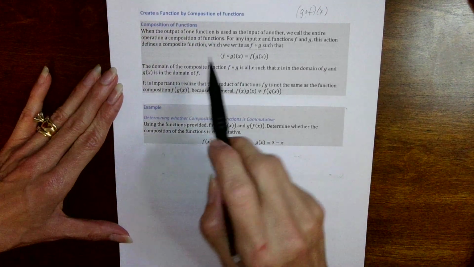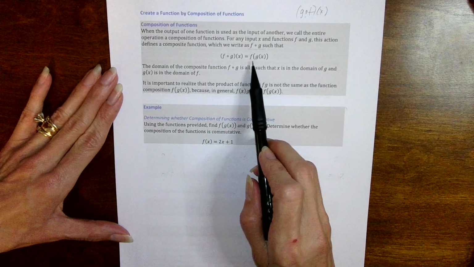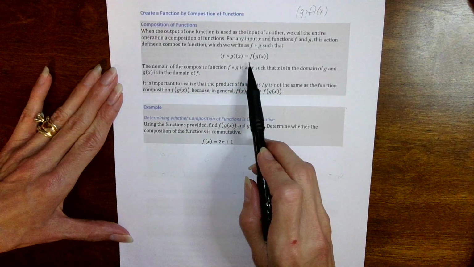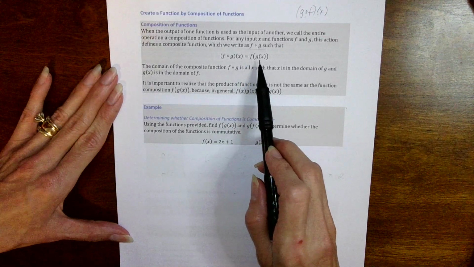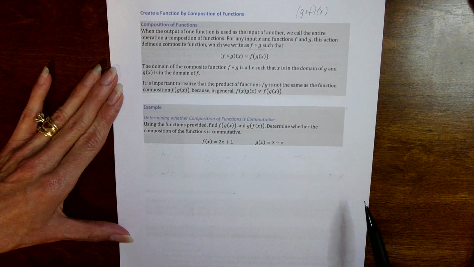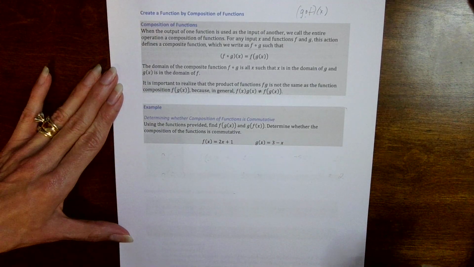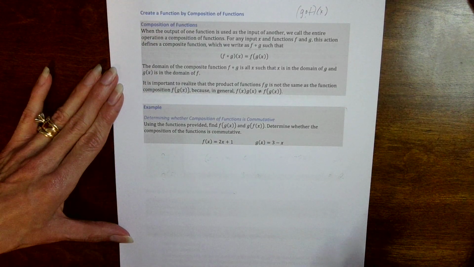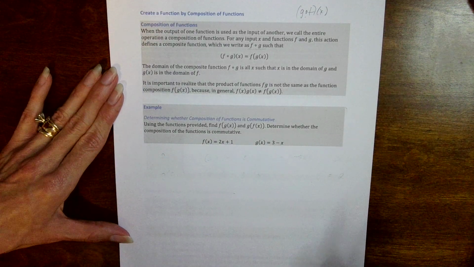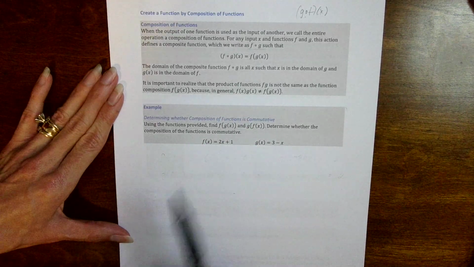Okay, and f composed with g of x equals f of g of x, meaning that when you go to the function f, every time you see its variable, you replace it with the whole value of g of x. The domain of the composite function f composed with g is always x, such that x is in the domain of g and g of x is in the domain of f. And it's important to realize that fog and goff are not the same as multiplying the functions.